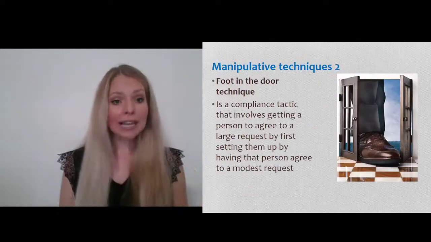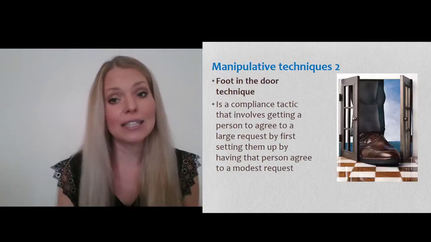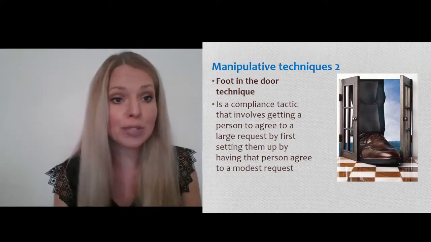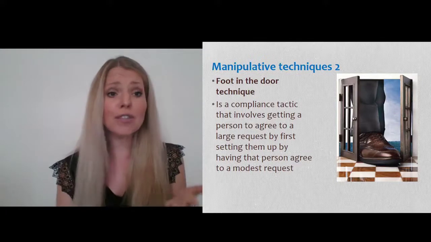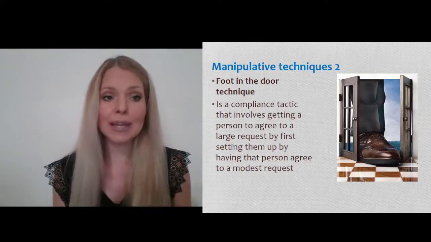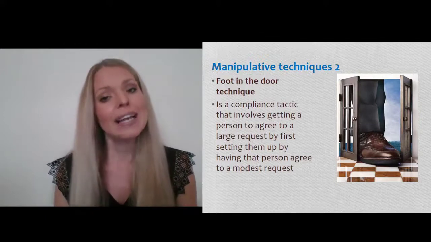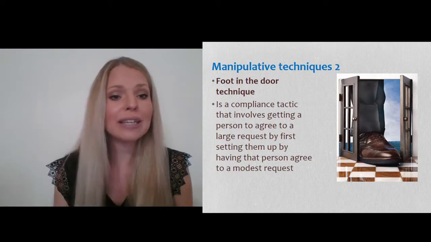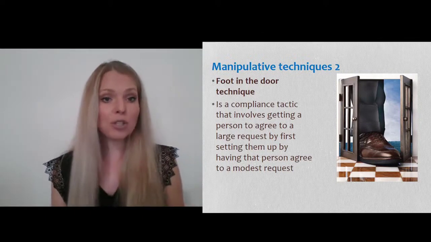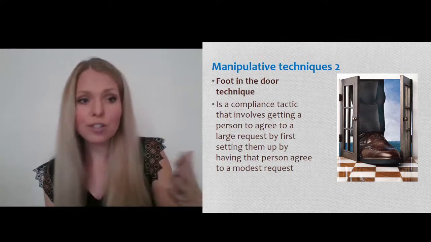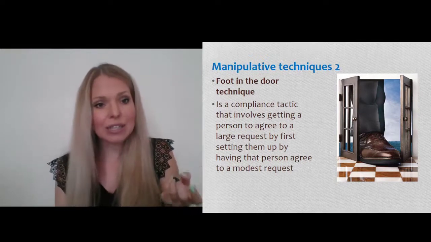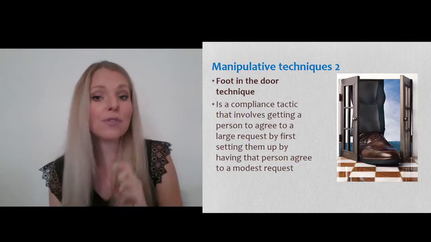Good. Second manipulative technique, ladies and gents, is going to be the foot in the door technique. This is rather similar, but it's got some differences. It's a compliance tactic that involves getting a person to agree to a larger request by giving them a small request first.